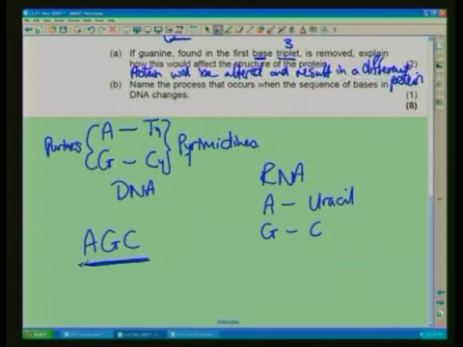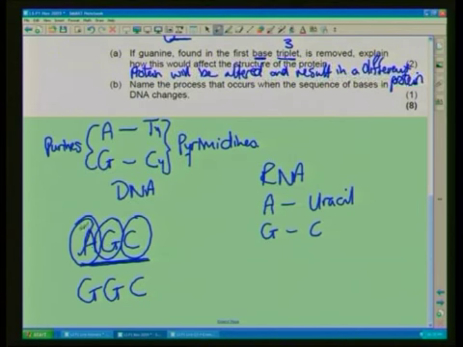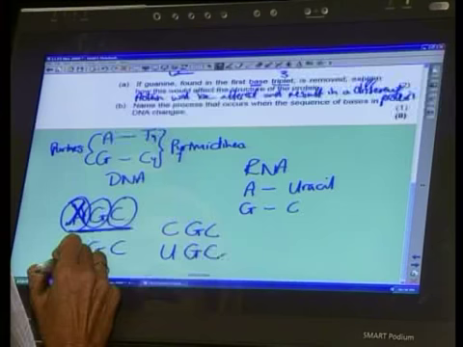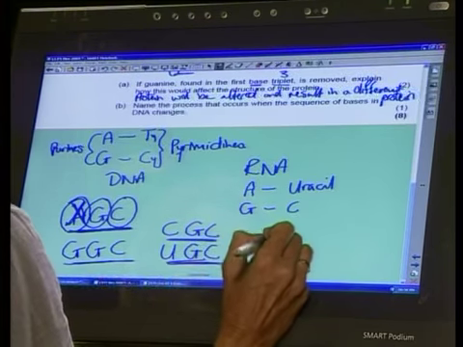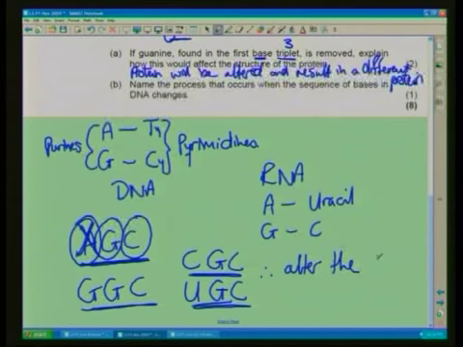And I change one of these, either the A or the G or the C. So let's say I change the A to G. So now it becomes that. Or I change the A to cytosine. So it becomes CGC. Or I change the A to uracil. It becomes that. Do you follow? The minute I change the triplet, it will therefore alter the amino acid.